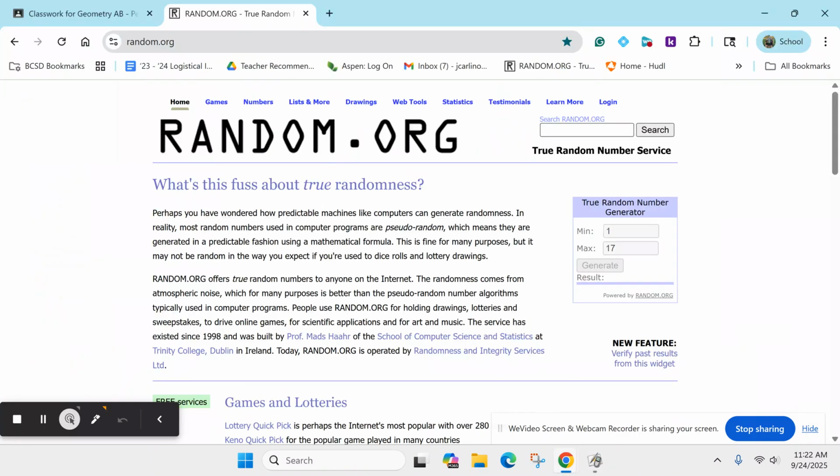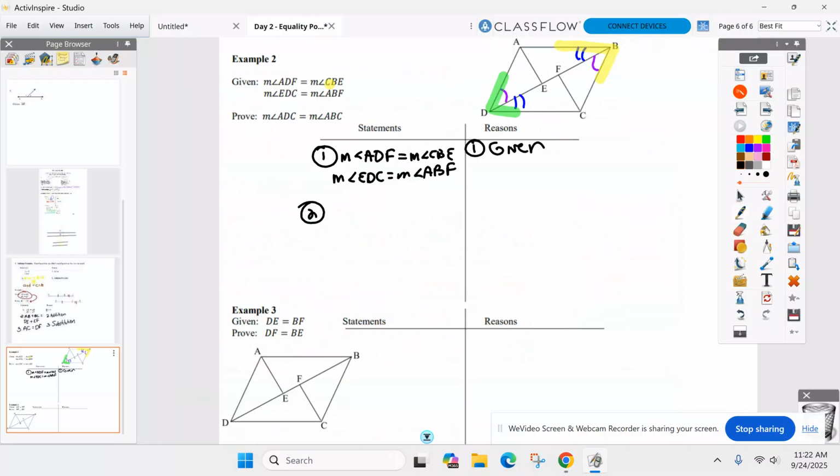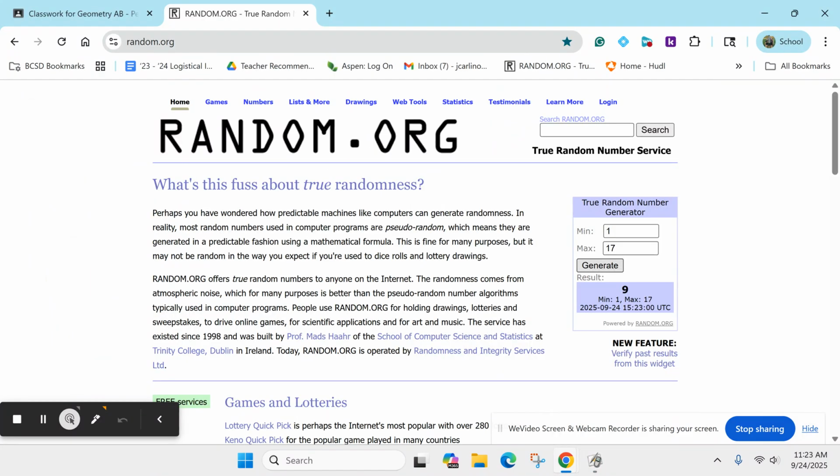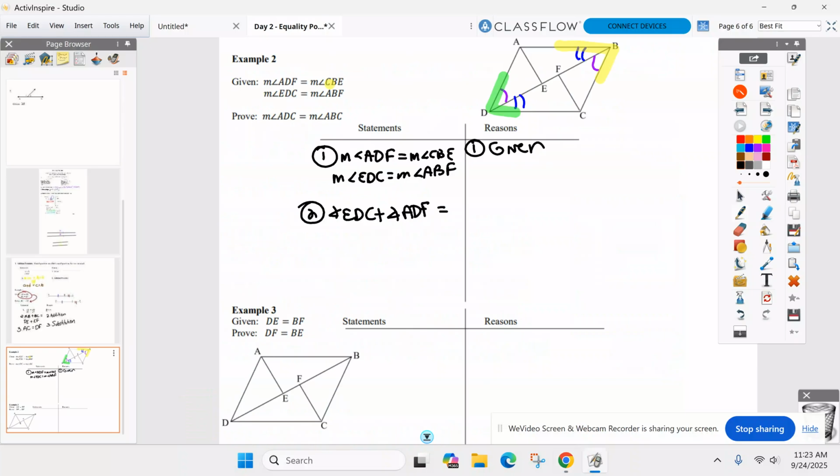All right, give me a pair you have to add together. Ryan, give me a pair you have to add together. Angle EDC has to be added with ADE, ADF, whatever you want to call it. Yep, same angle. We're talking the same language. Add those angles together, and that'll be the same as if you added which other two together? Maddie?